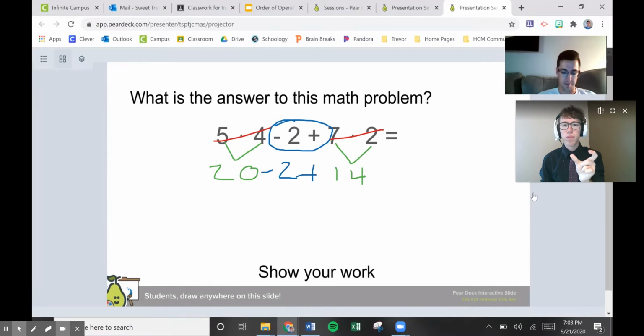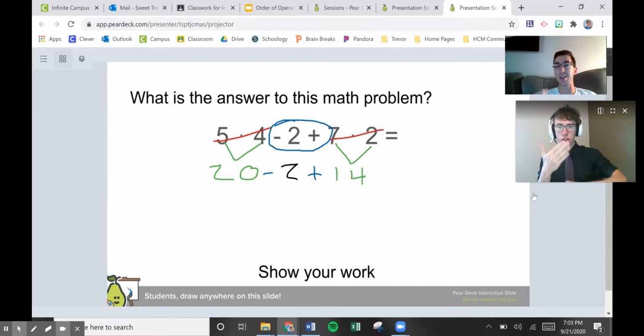Minus 2 plus. So now we've got multiplication and division gone, and we just have subtraction and addition.